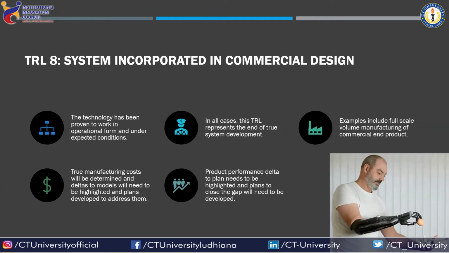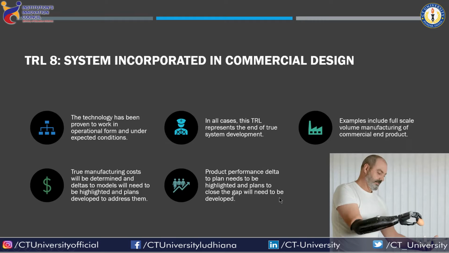The company is now dealing with the plan to launch that product. This product is fully developed here. All it needs is some painting and some minor design changes, and that's all. So at this TRL level, it is a commercial design, basically what this person is holding, and there is no technology problem in that.